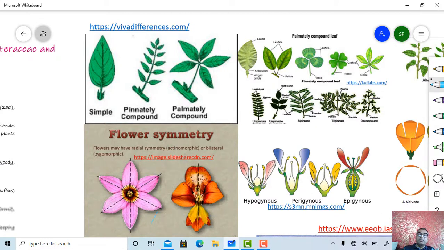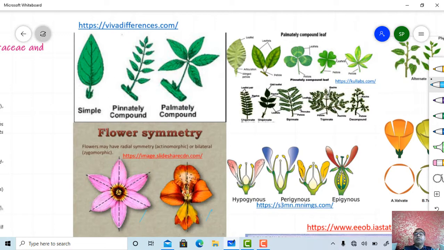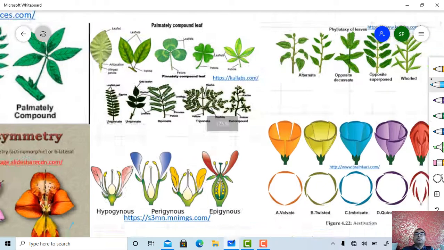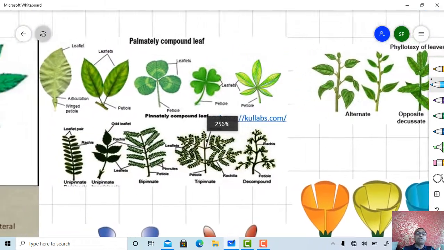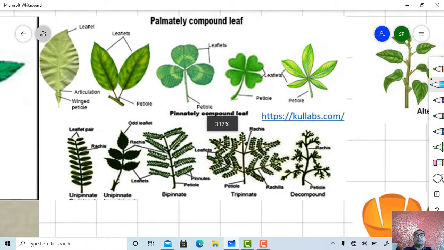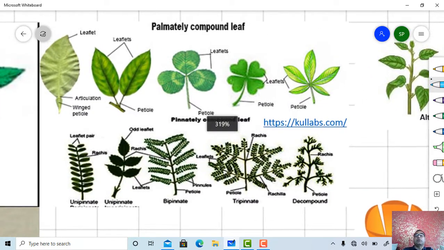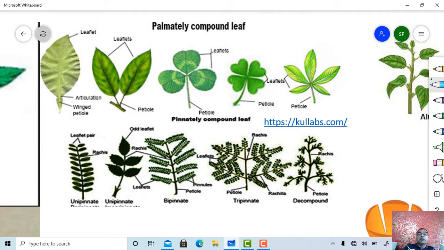Then regular flowers and irregular flowers are also present here. These are the figures which explain the compound type of leaf. Upper figures are from palmately compound leaves, while lower figures are from pinnately compound leaves.